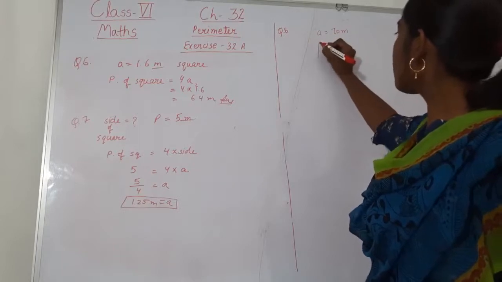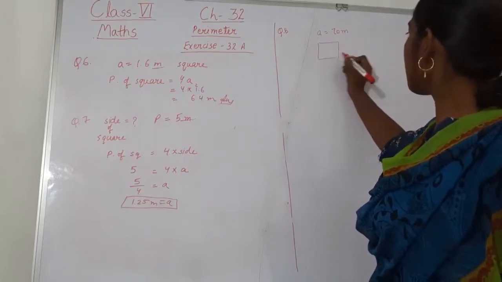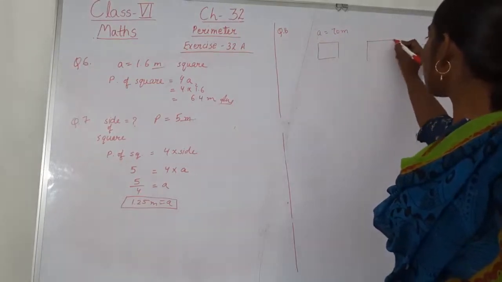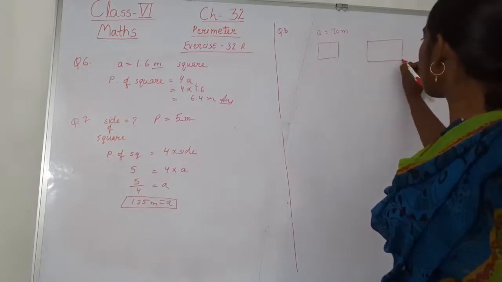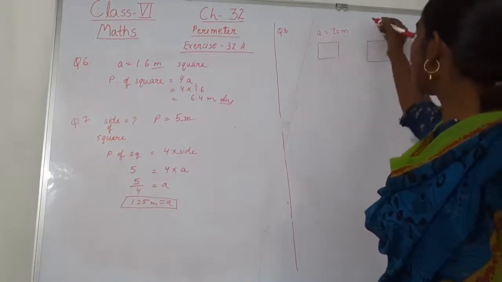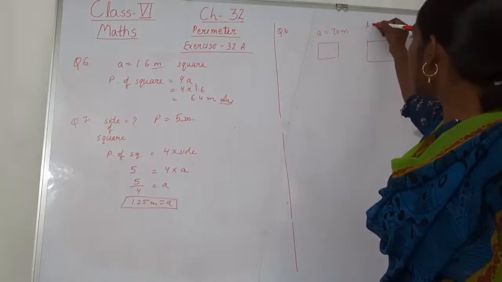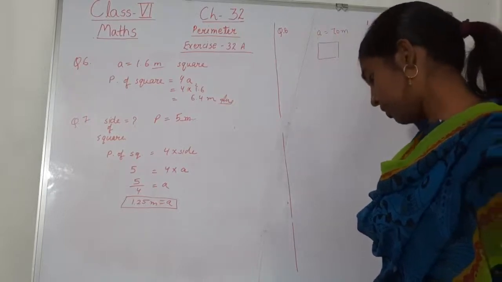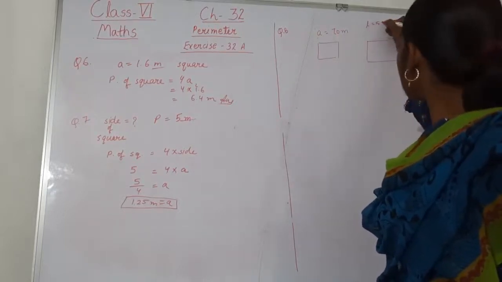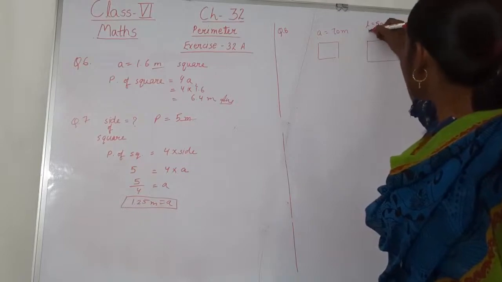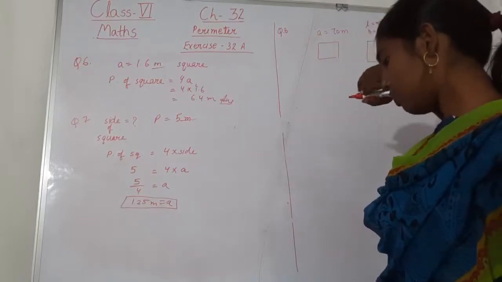One square is there and one rectangle is there. This one has side 70 meter and this rectangle has length 50 meter and breadth 40 meter.